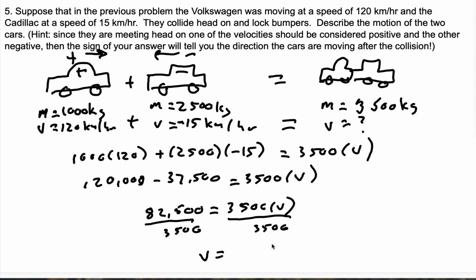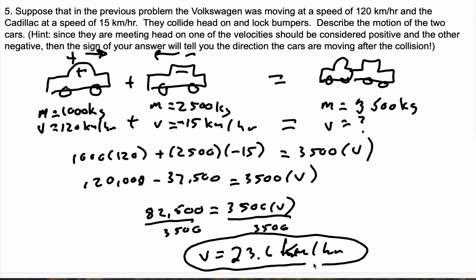Oh, so actually, Haley, I got a different answer. I think that what you may have done is flip these two. I think you may have accidentally done 3,500 divided by 82,500. Yeah, so I got 23.57 or 23.6 as well. Oh, and because we never converted, remember the answers would be in kilometers per hour.